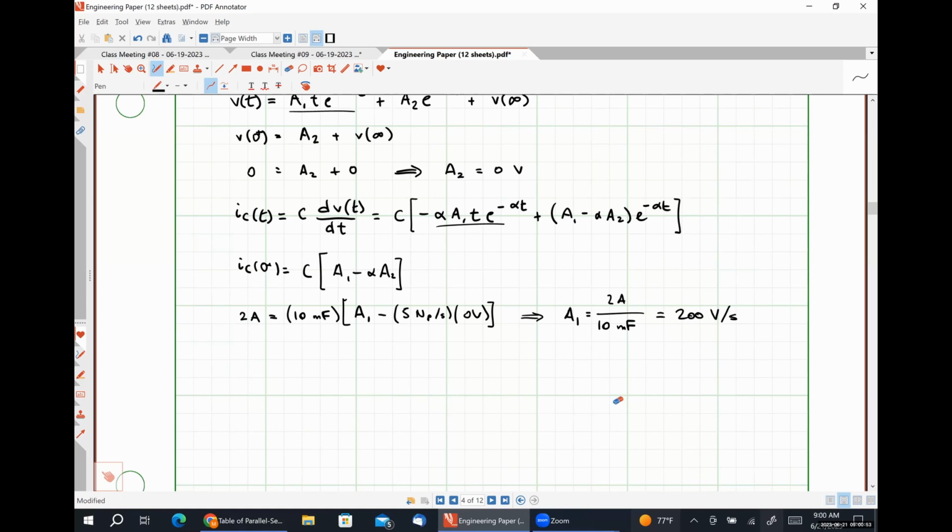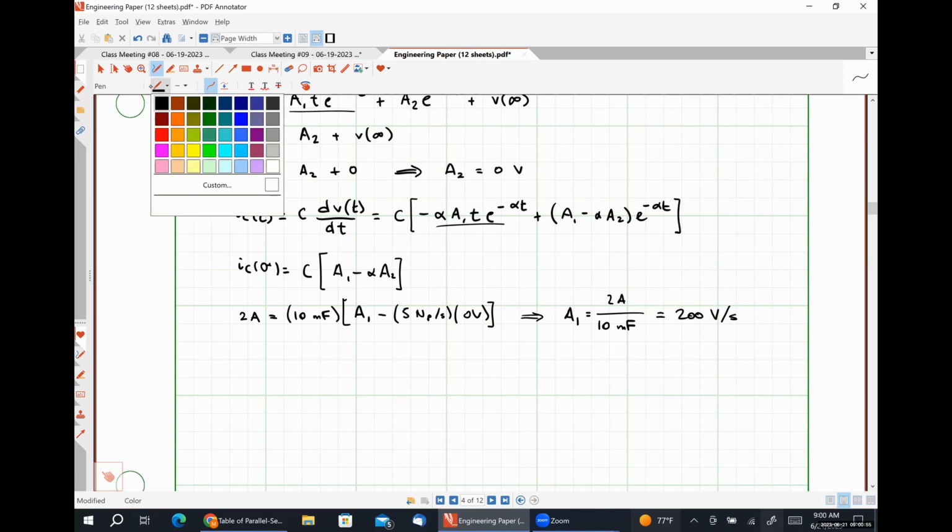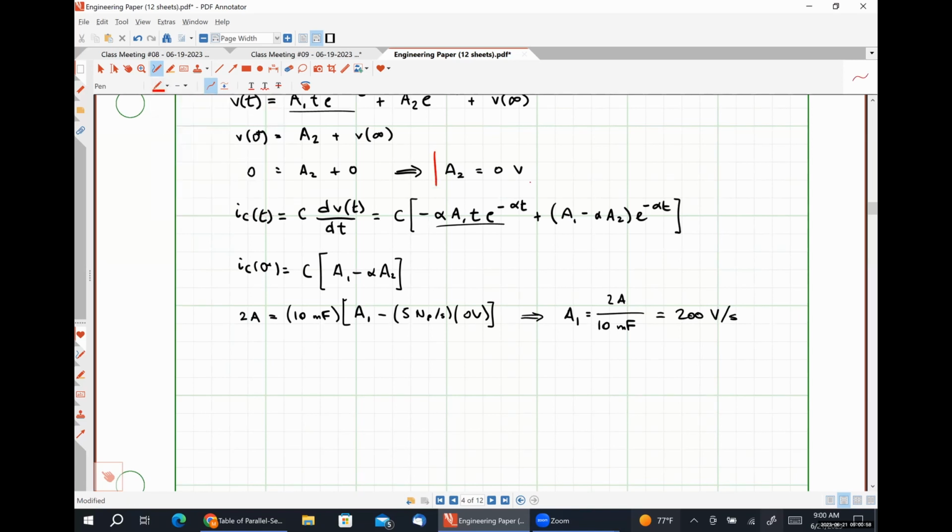From this, right, we know what A2 is. Let me put a box around it. And we know what A1 is. So we can now start reconstructing our signals. Right?